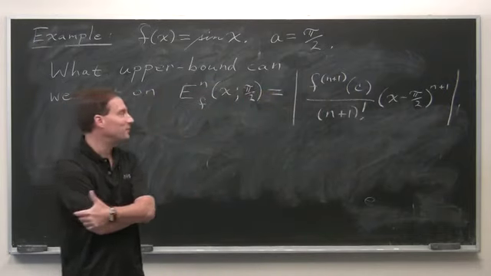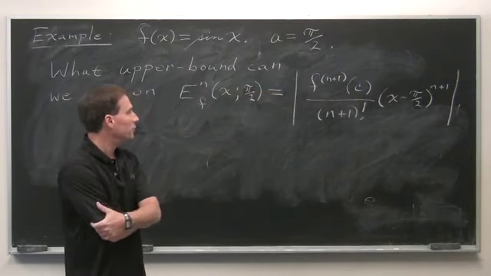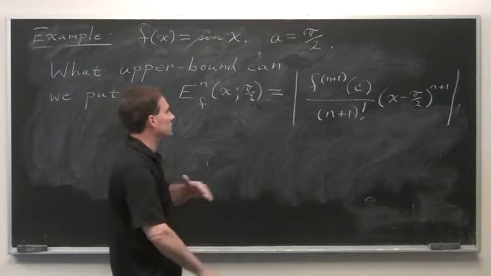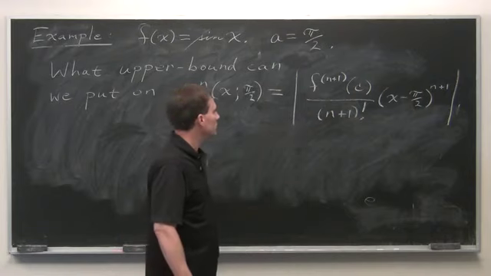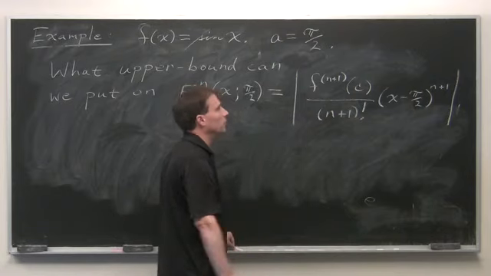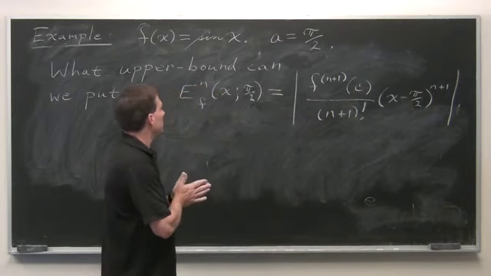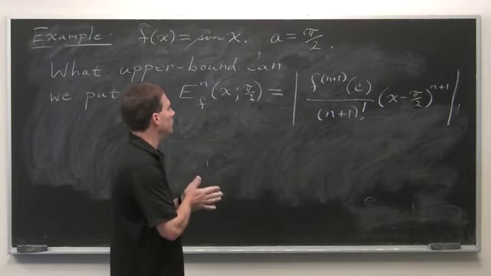Great. We would like to eliminate the reference to c. We'd like to say this is less than or equal to something that doesn't have the c in it, so that we actually have some bound that we can work with. Okay, how do you do that?